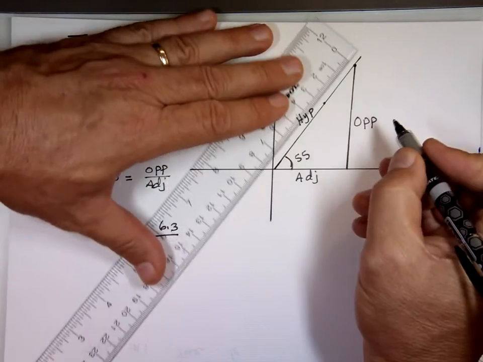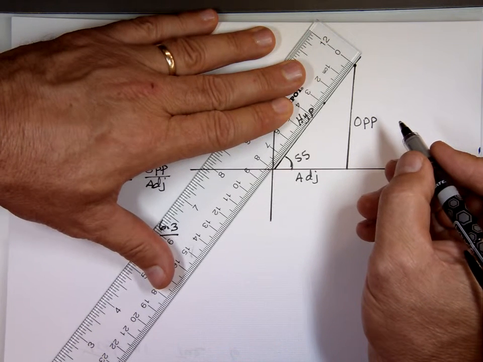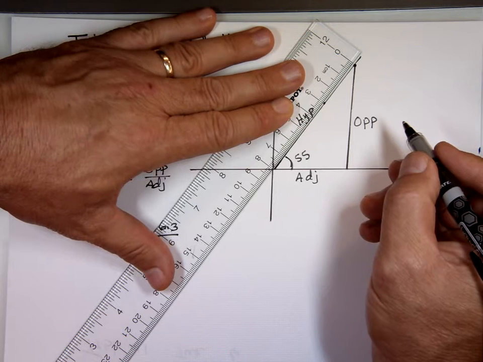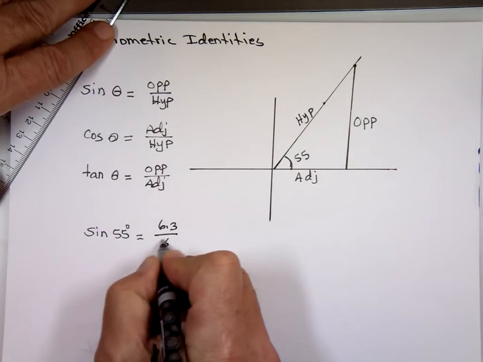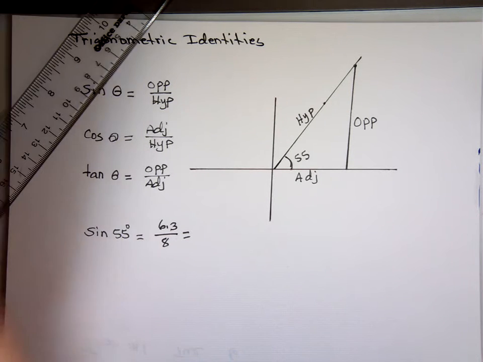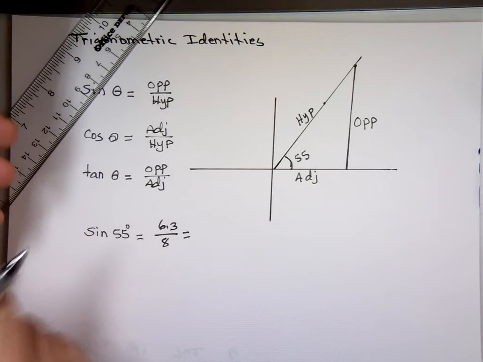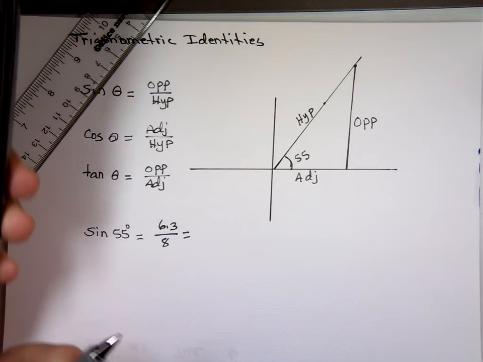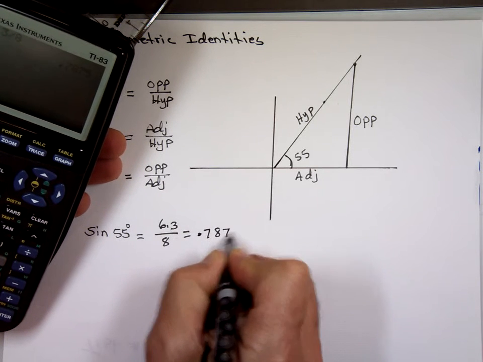Let's measure it. Almost 8? Is that 8? Yes. Let me divide the two numbers. 6.3 divided by 8 is 0.7875.